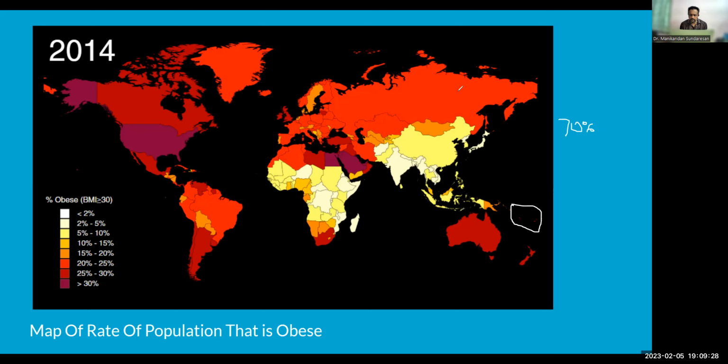A lot of these Pacific Island countries have over 50% obesity rates, and the reason why is mainly because they're island countries and there's not much agriculture in their society. In India, there's a lot of agriculture happening, but in those countries, there's not.